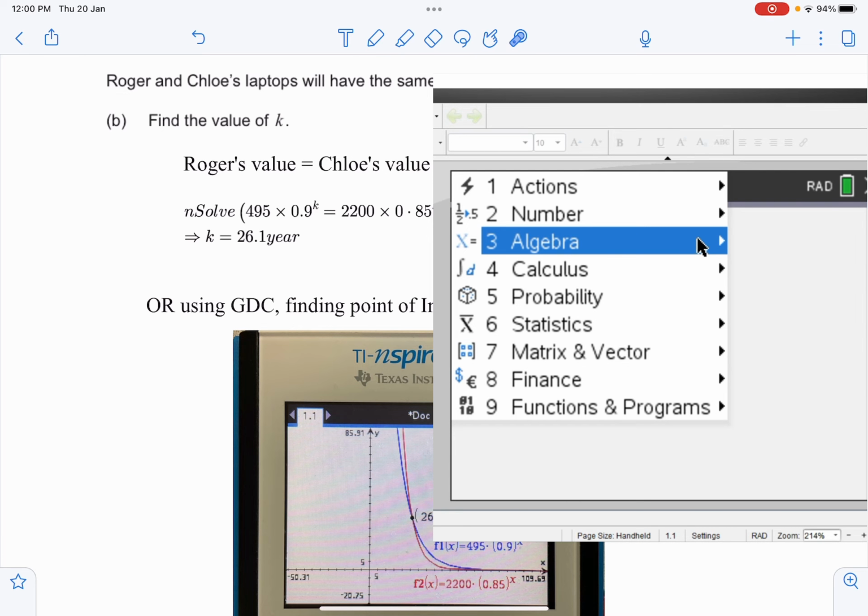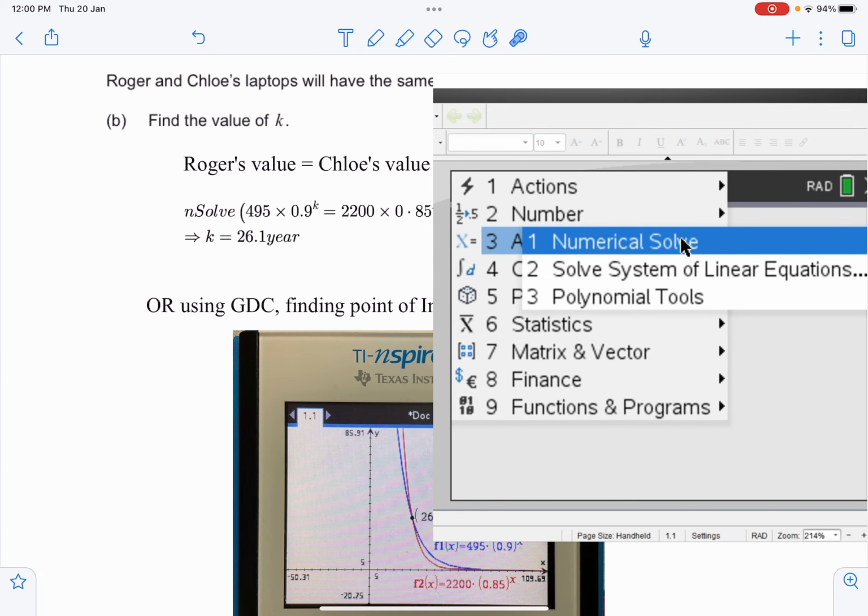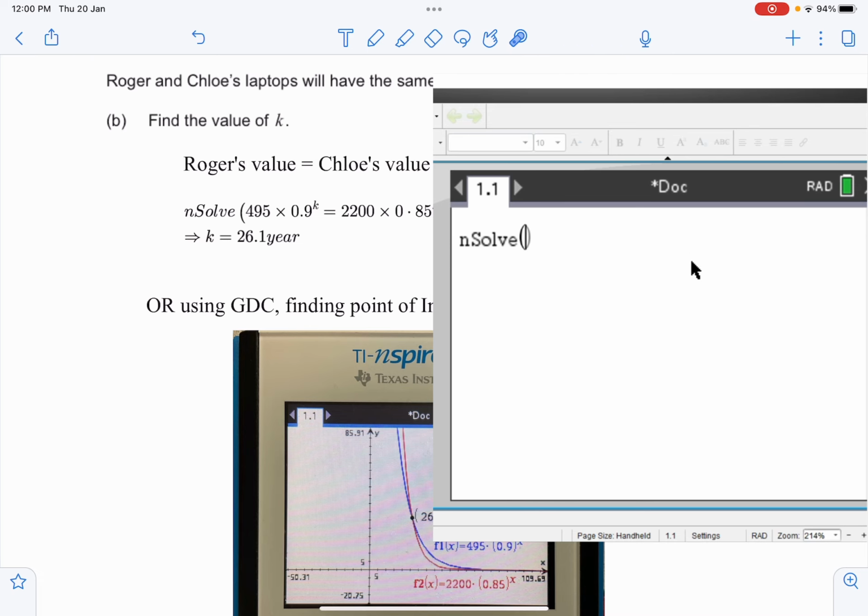So look here: menu, algebra, NSolve, and here 495 times 0.9 to the power K is equal to. Remember that the equals sign should not be in the power.